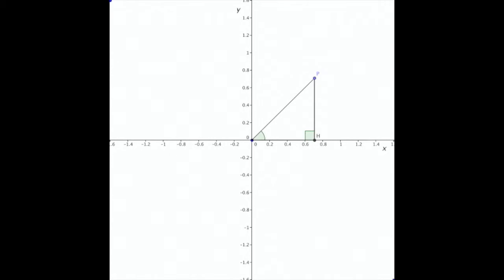So we've seen how the coordinates change as that angle changes. And we've done a full 360 back to our starting position. Can we work out the actual coordinates of point P?